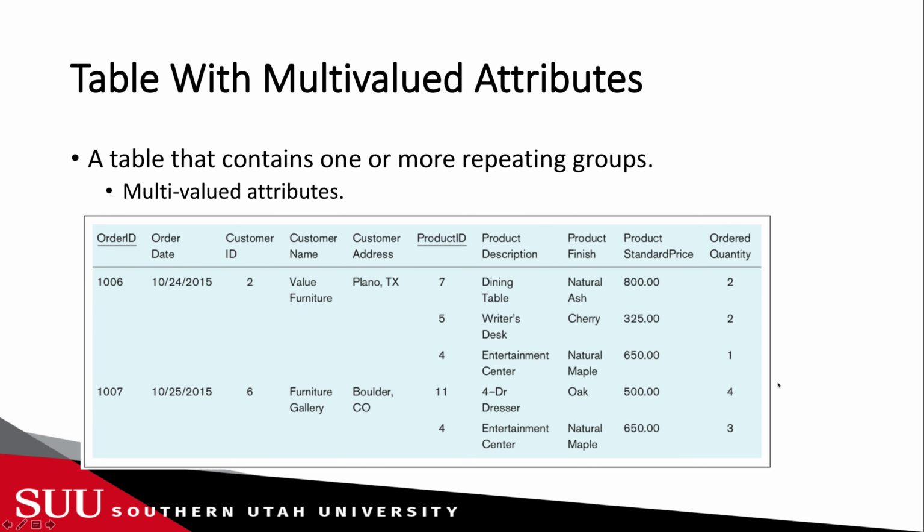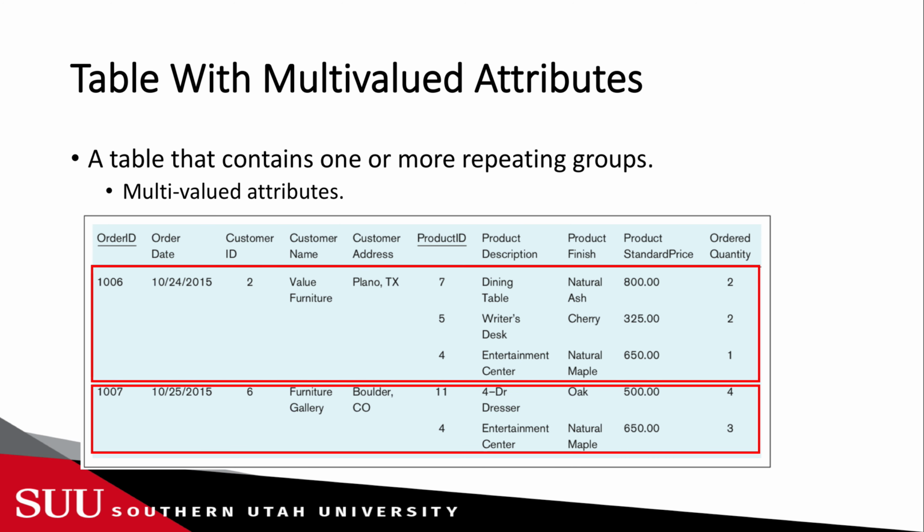Now let's look at a table with multi-valued attributes and see how it's going to look. Now this is an example of a table with multi-valued attributes, and if we look closely, this only has two records, 1 and 2. Now we have multi-valued attributes for the products, which is making all of those rows with empty data, and then we have those multi-valued attributes, or what we call repeating groups in this case.